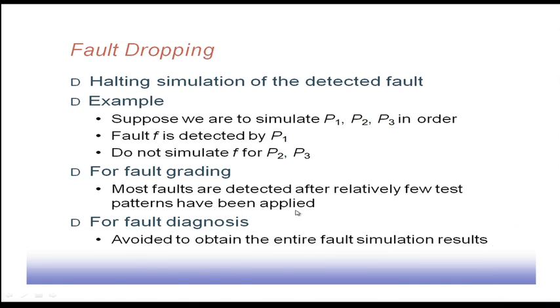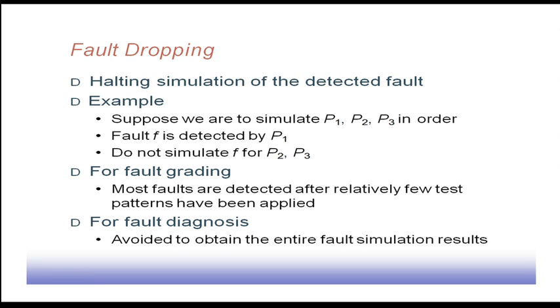This is a general observation: if you have a circuit and you look at successive test patterns and their detection of faults, initially as you increase the pattern set size, your fault coverage increases rapidly, because many of the faults in the circuit are random pattern detectable faults, so any random pattern can detect those faults.